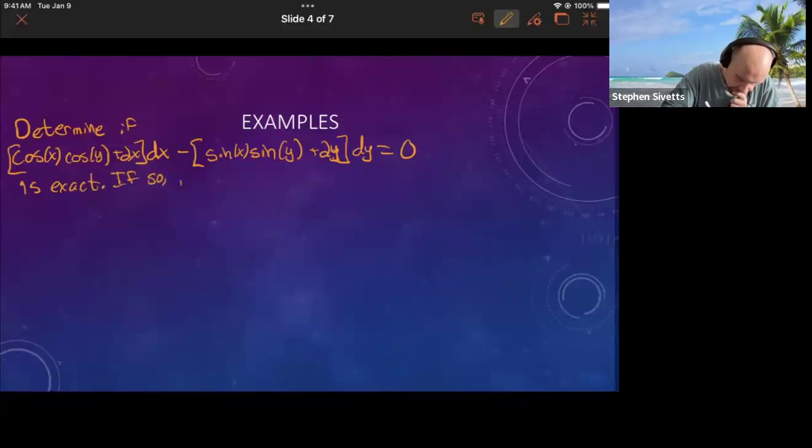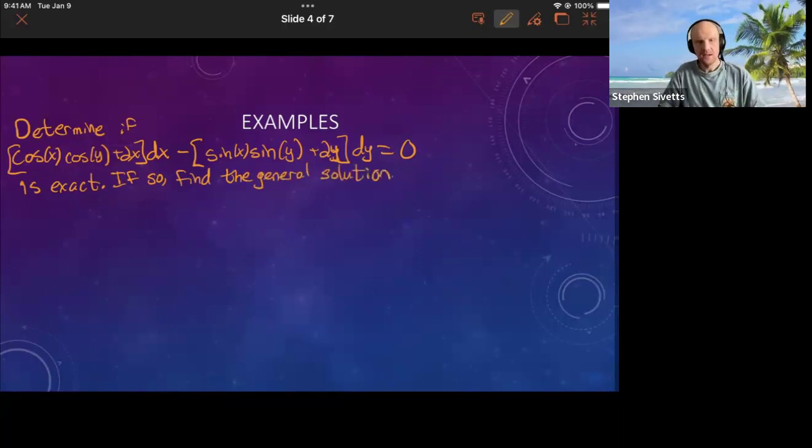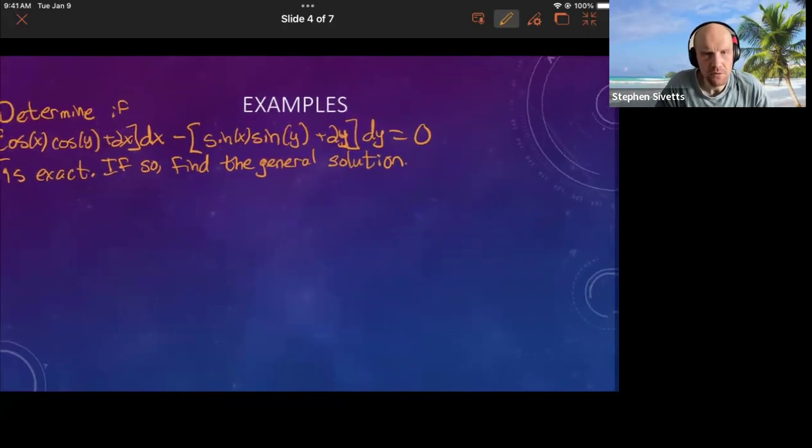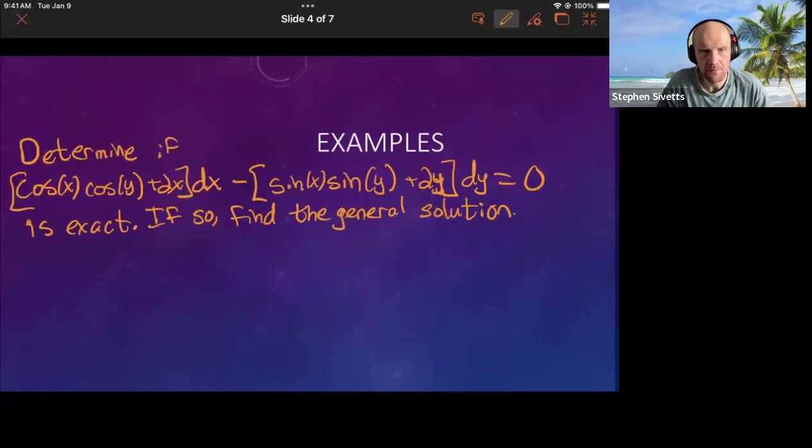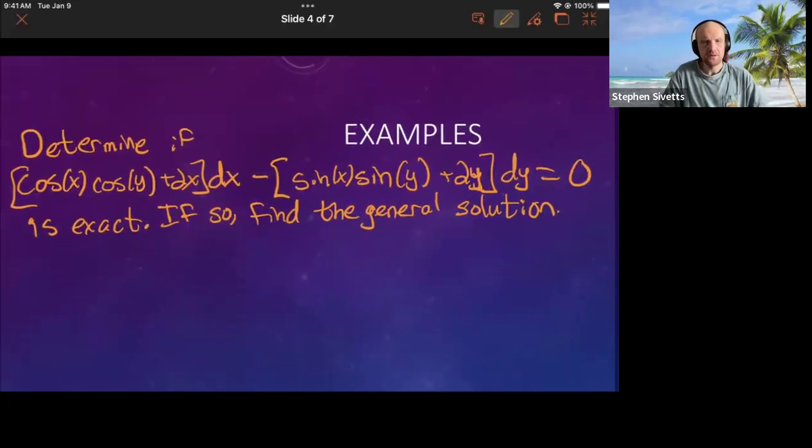If so, okay, relatively straightforward, right? So we have cosine x cosine y plus 2x dx minus sine x times sine y plus 2y dy equals 0. We have to show that this equation is exact. If it is, then we're going to find the general solution.